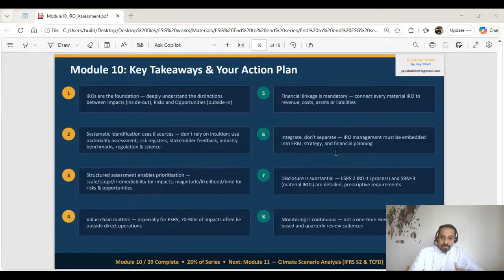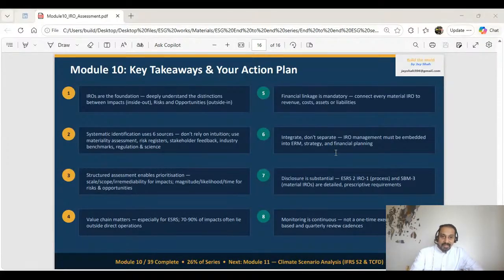Four, the value chain matters enormously, and for most organizations, the most significant impacts and risks lie outside direct operations. And fifth, financial linkage is mandatory. So connect every material IRO to its effect on revenue, cost, assets, or liability. This bridges the gap between sustainability reporting and financial reporting.